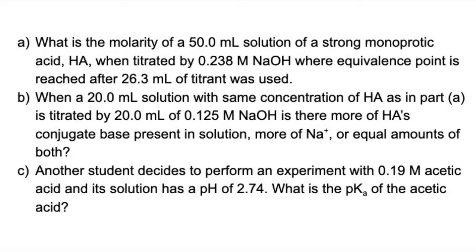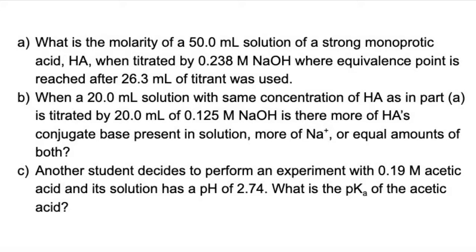Okay, so now I'm going to ask you guys to do a practice problem based on some of the topics that we just went over in question number 2 for the 2014 AP Chem exam. And the questions are, what is the molarity of a 50 milliliter solution of a strong monoprotic acid, HA, when titrated by 0.238 molar NaOH, where equivalence point is reached after 26.3 milliliters of titrant was used?